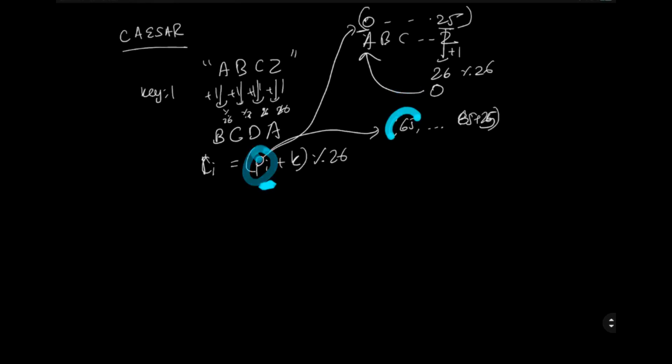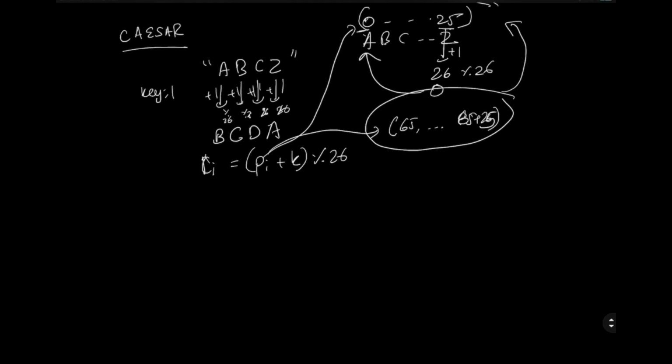So from this 65 which I have, which is capital A, I'm going to subtract capital A from this P i, and then I'm going to add back capital A over here at the end. So what's happening effectively is I'm converting from this world to the world of 0 to 25, and then after doing the conversion, I am going back to this world.